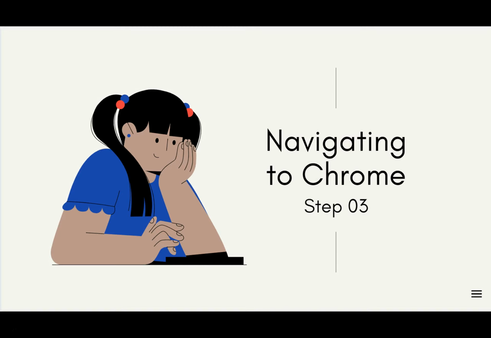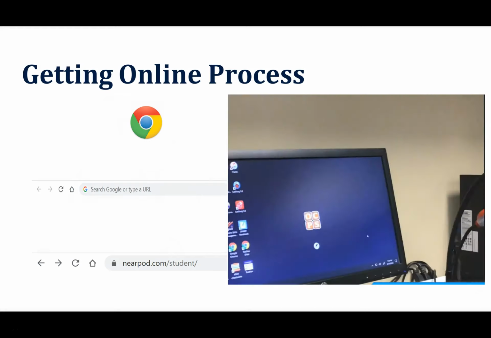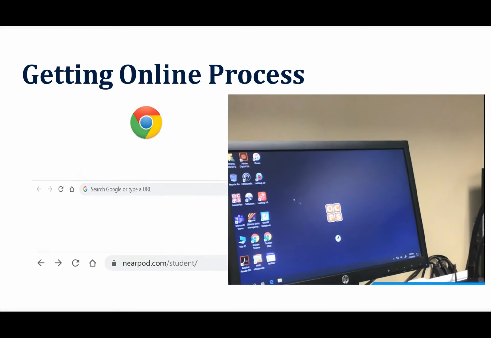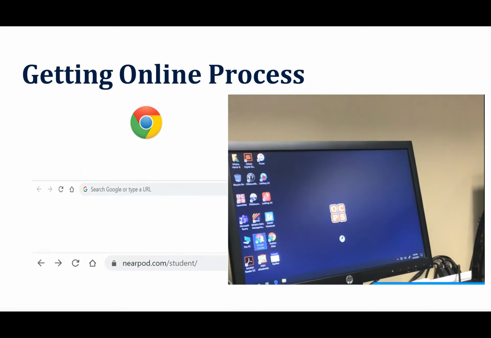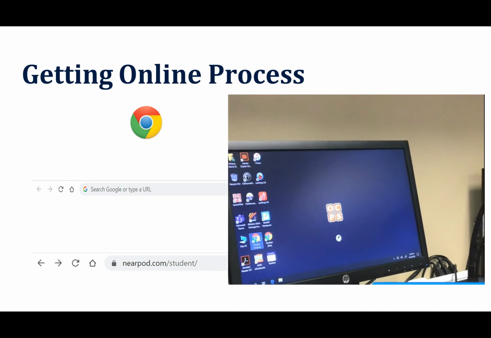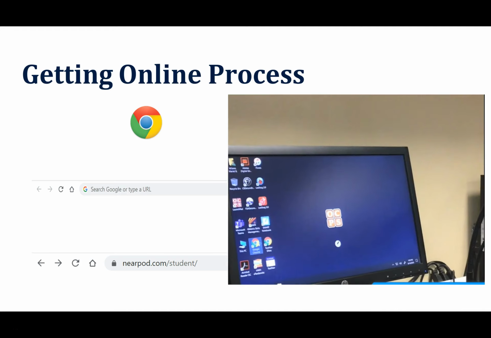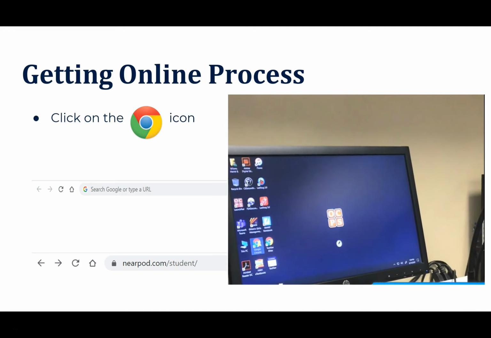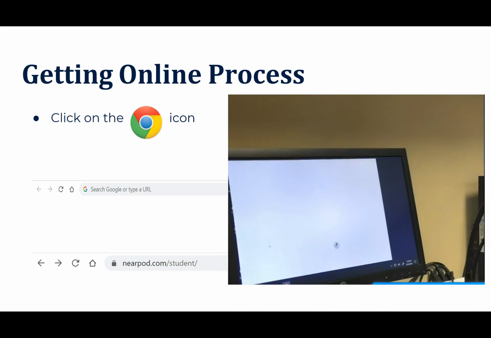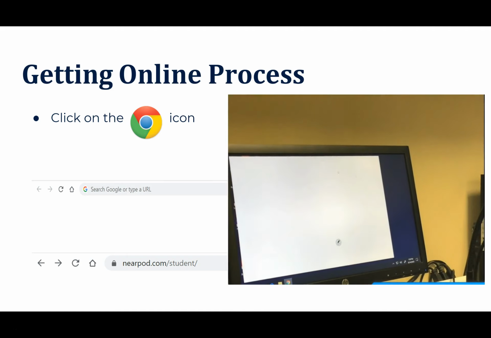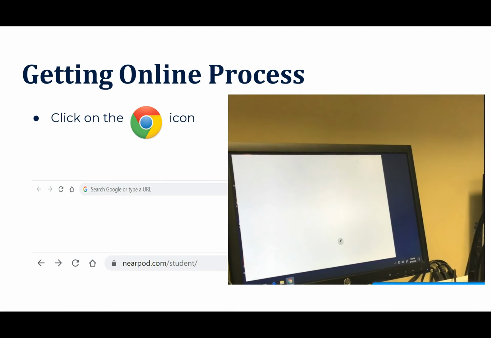Next, let's talk about navigating to Chrome. The first thing you're going to want to do is click on the Google Chrome icon. That's our preferred browser. You can find it on the desktop. Then you'll want to click on the address bar at the top of the screen.